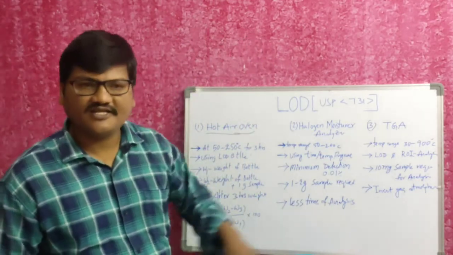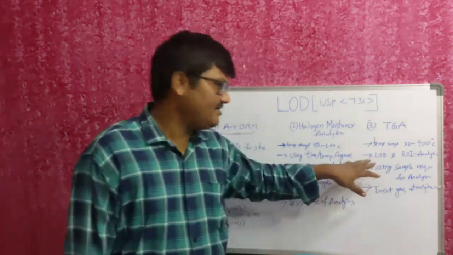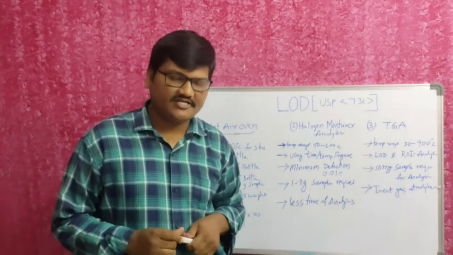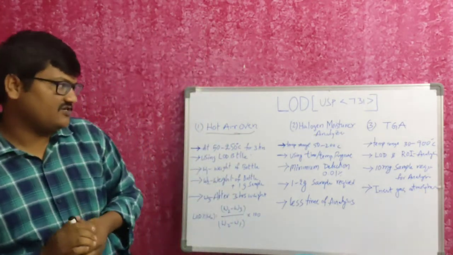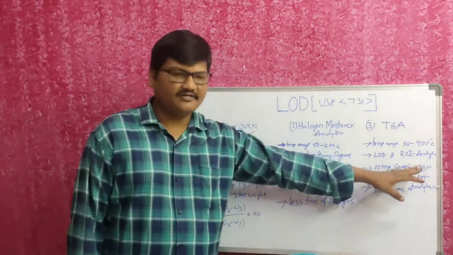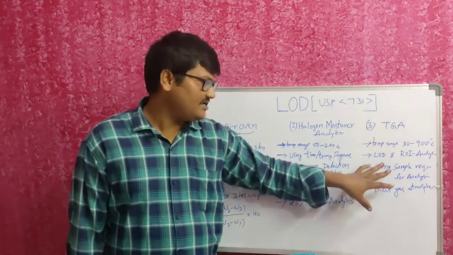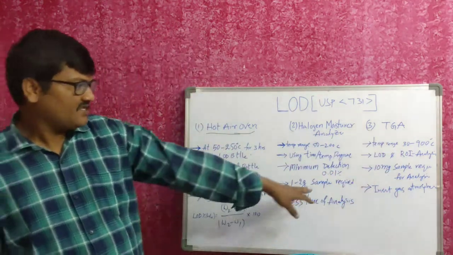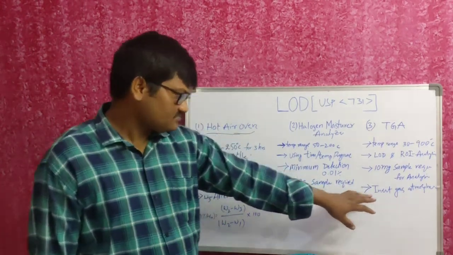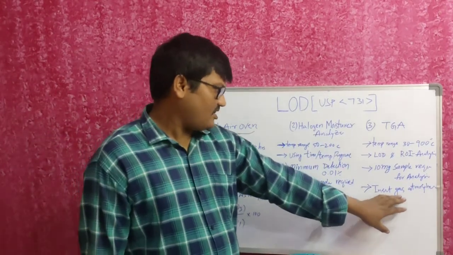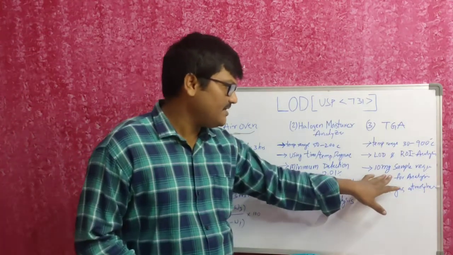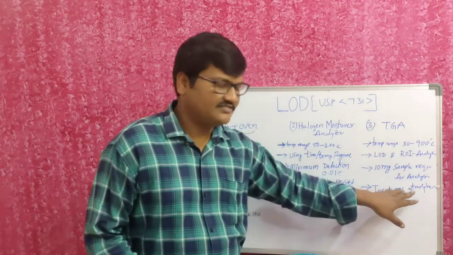The temperature range is from 300 to 900 degrees centigrade, and we can analyze LOD and residue on ignition at the same time for a pharmaceutical product. For an inert atmosphere, we use nitrogen gas to reduce oxidation, and only a very small amount of sample, 10 mg, is required for analysis.